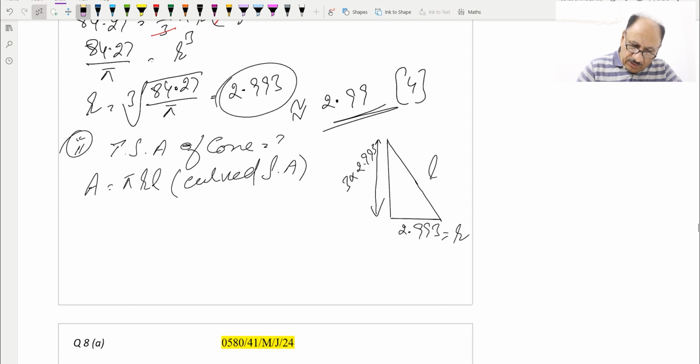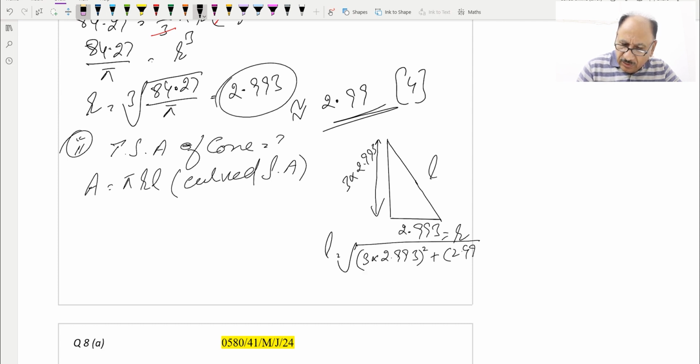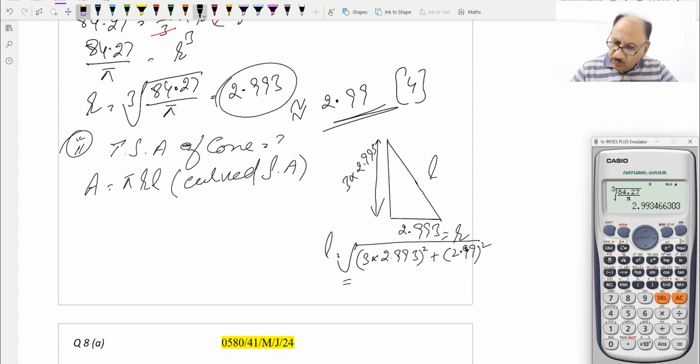L will be equal to the square root of (3 into 2.993) square plus 2.99 square, and this is giving us 9.46.